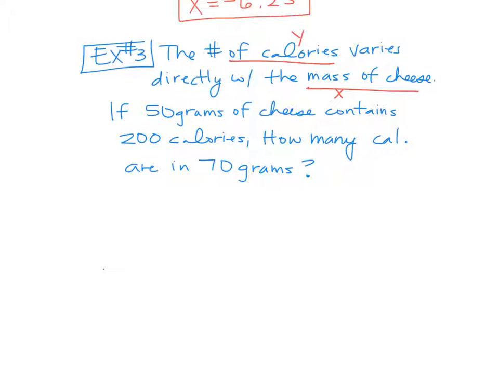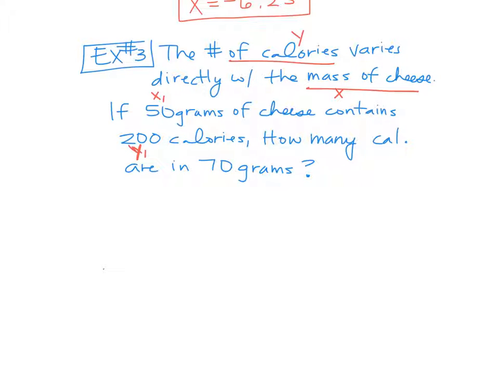Okay, so if 50 grams is going to be an amount of cheese, right, a mass of cheese, is that an x or a y? That's an x. So if we call this x1, then what's y1? 200 calories. So this is going to be your y1.